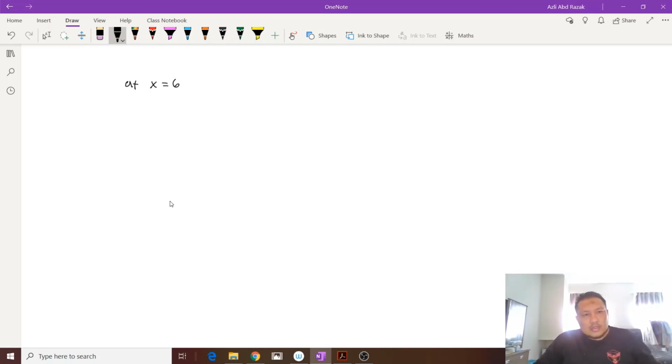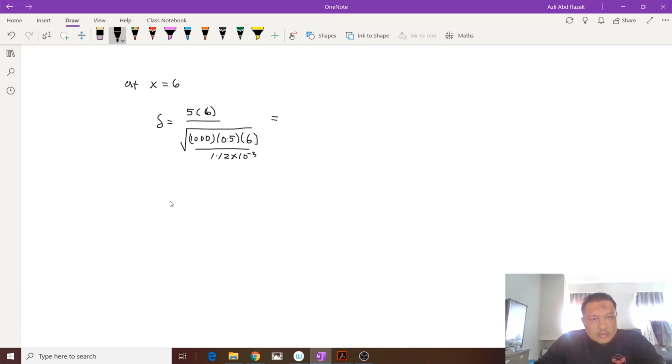For the delta again, I just substitute here: 5 multiplied by 6 divided by the square root of 1000 times 0.5 times 6, divided by 1.12.